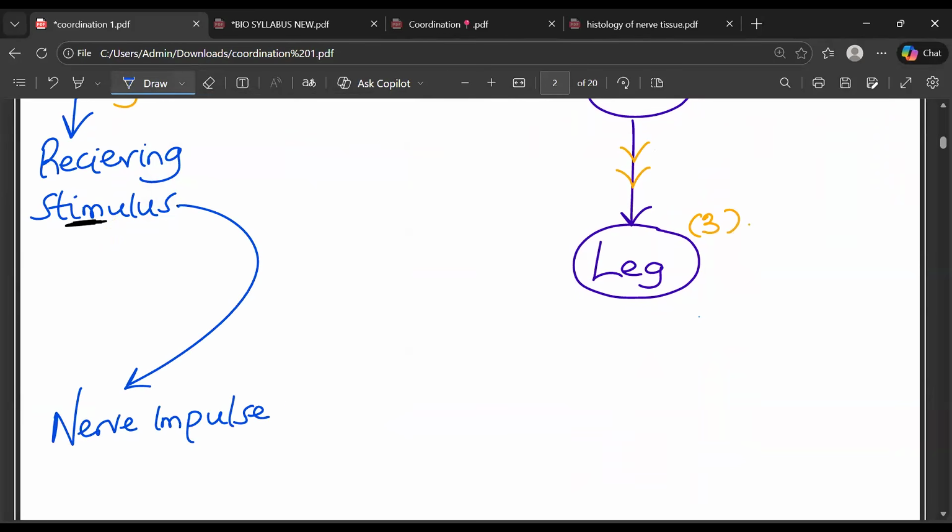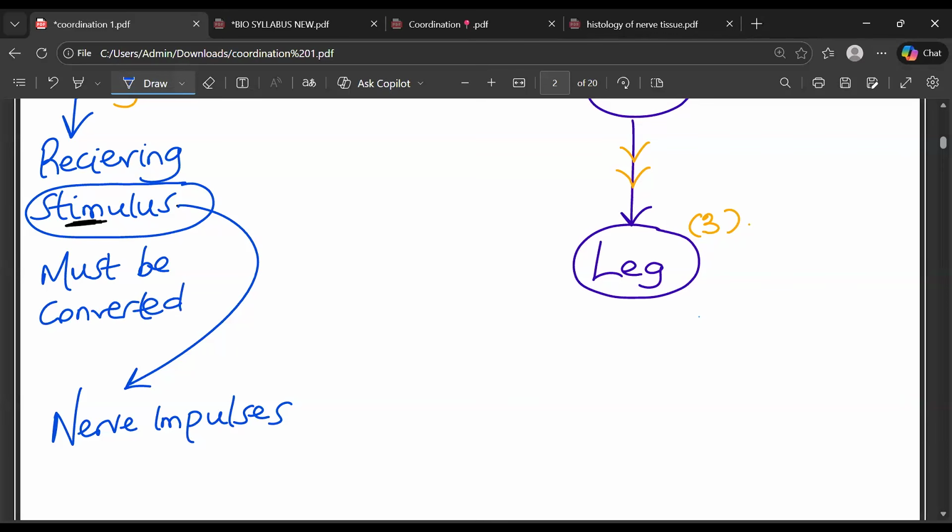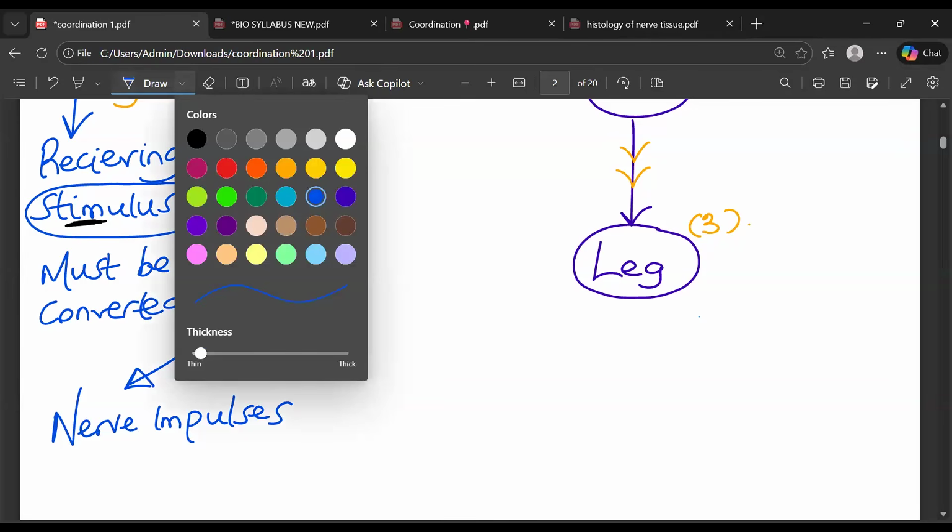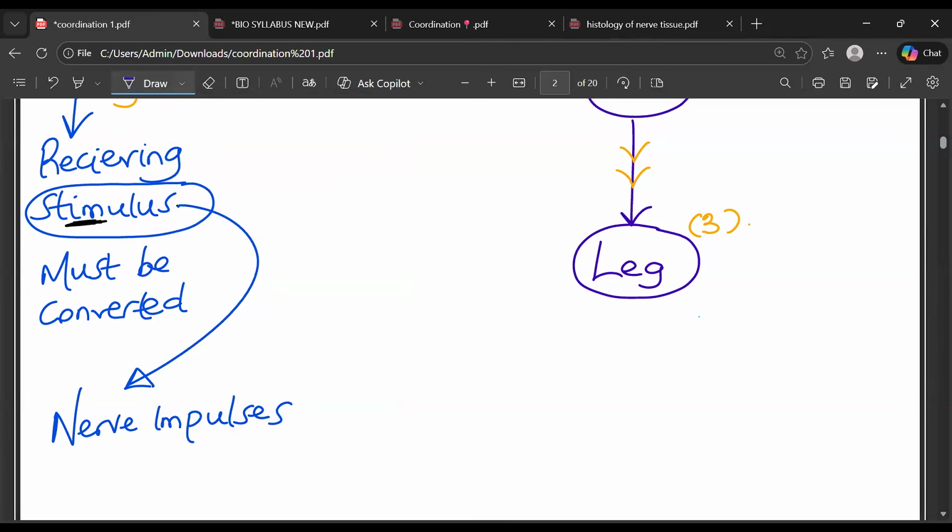So the stimulus must be converted to nerve impulses. And this process has a name. The process of converting this stimulus into nerve impulses.